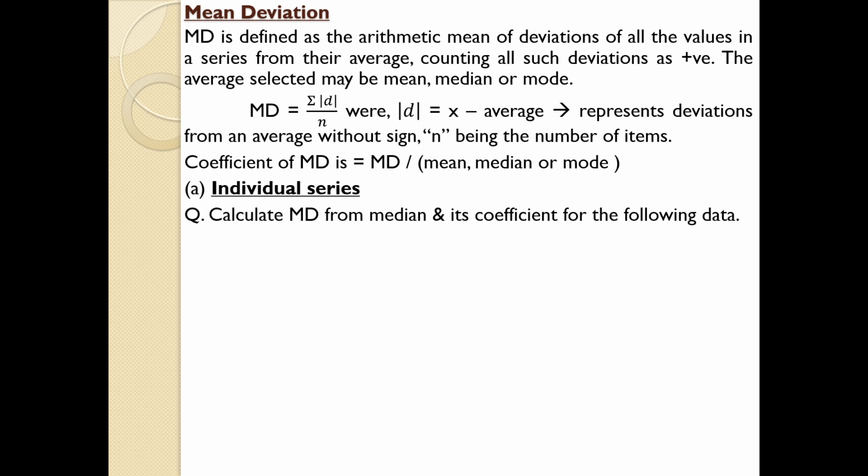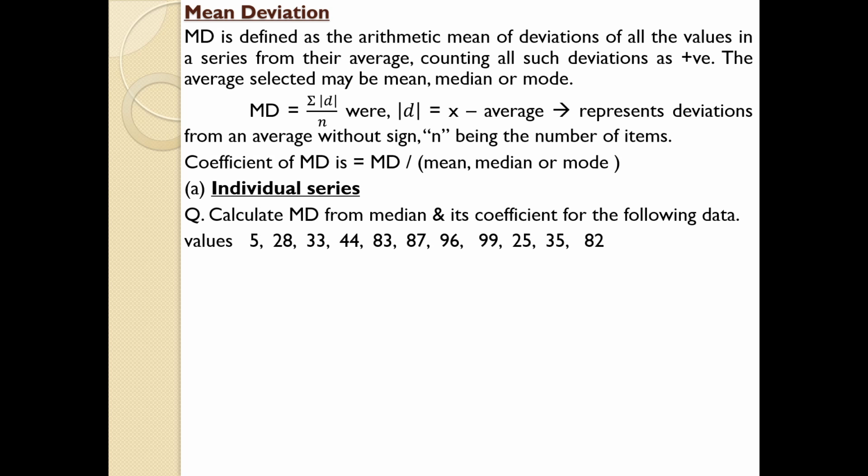Calculate mean deviation from median and its coefficient from the following. See, in the question it is already given median. In that case, you need to use the median method. You need not worry about mean or mode. So regarding individual series of a median, x is given, so no details regarding f.